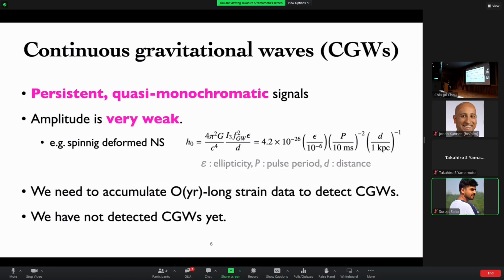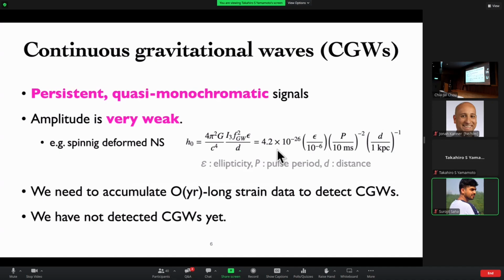For example, for a spinning distorted neutron star, we put typical values for parameters like ellipticity, how large the distortion of the neutron star is, and the pulse period, which is nothing but the rotating period of the neutron star, and the distance to the neutron star. Then theoretically, we get an amplitude of 10 to the minus 26.